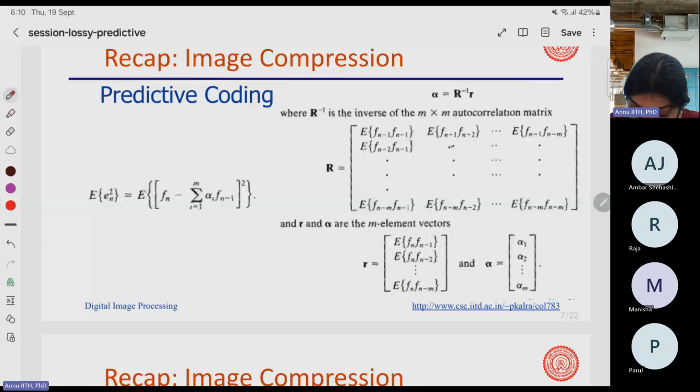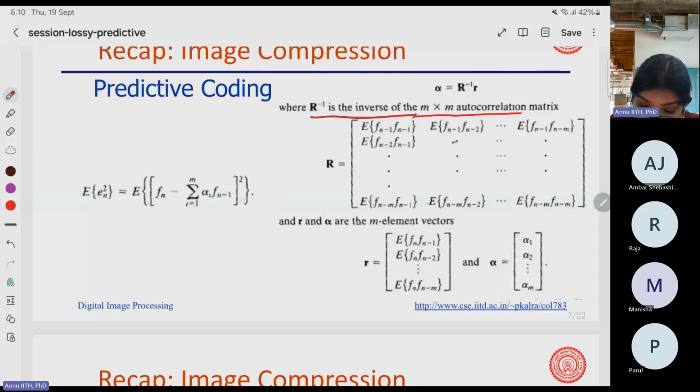So here we are just doing it in the form of f(n-1), f(n-1) and f(n-1), f(n-2), similarly f(n-M), f(n-M). This is the autocorrelation function, which is in the form of a PSD matrix.